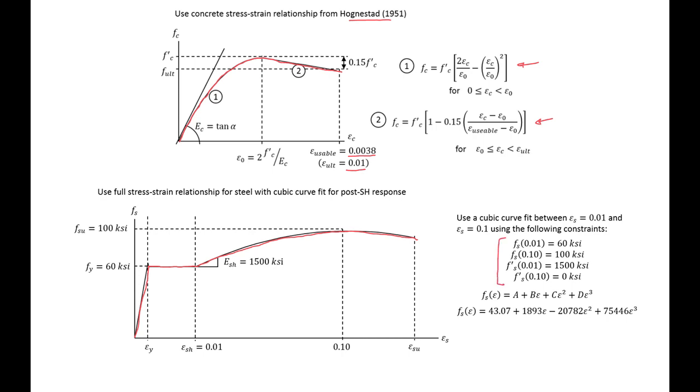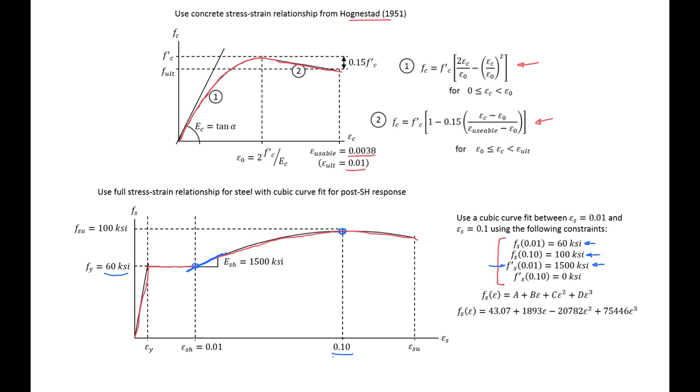So we know that our stress at a strain of 0.01 is equal to the yield strength, 60 KSI. We know that our stiffness at this point, which is the first derivative, is equal to 1500 KSI. Then we also know our ultimate point. So our ultimate stress here at a strain of 0.1 is going to be 100 KSI.